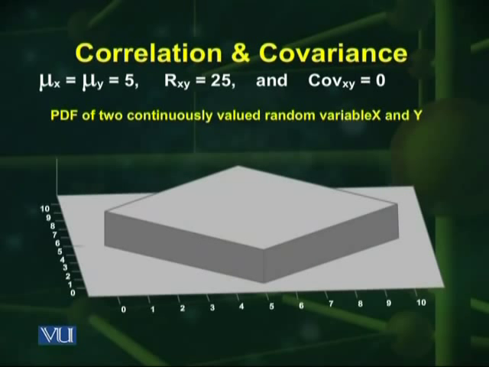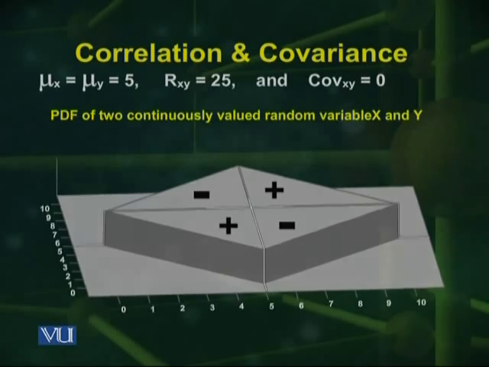So for this diamond-shaped region with a flat joint PDF, we found the marginal densities which were triangular in shape, going from 0 to 5 on a rising slope and from 5 to 10 on a falling slope with a peak value of 0.2. So using these marginal densities, you can find the mean values of the 2 random variables.